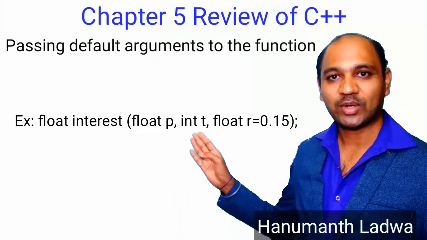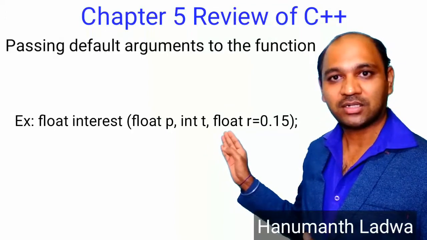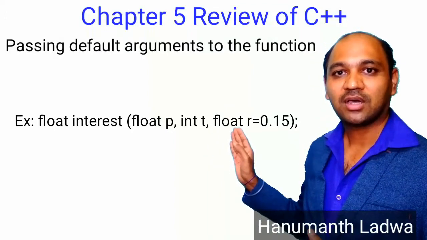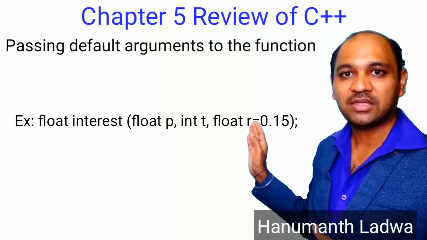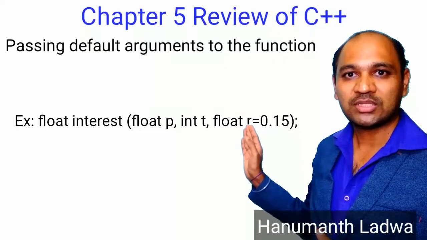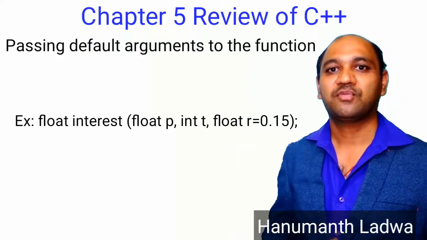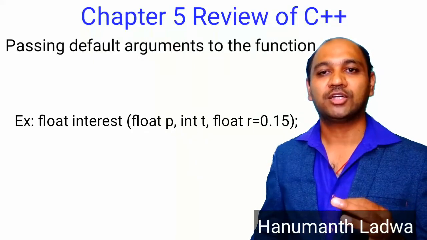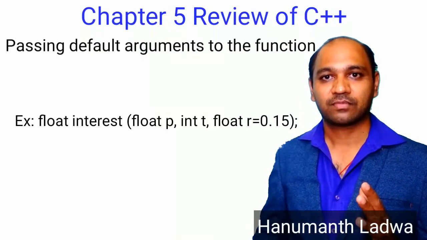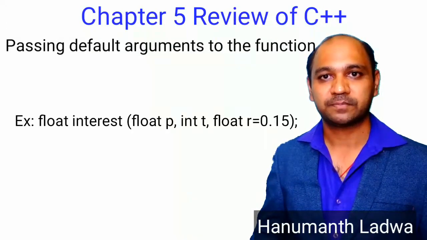Inside the round brace we are going to write float principal amount p, comma int t time, comma float r is equal to 0.15, semicolon. So this indicates that it is a function prototype, because we have to declare all these default arguments in a function prototype only, and a function prototype should be terminated by a semicolon.